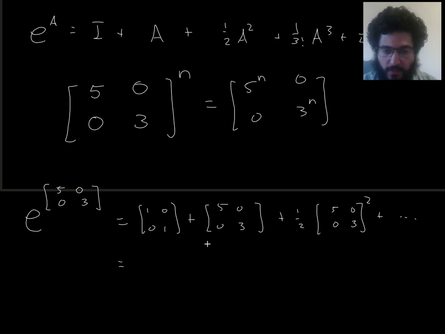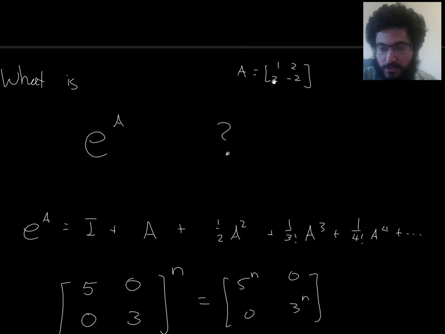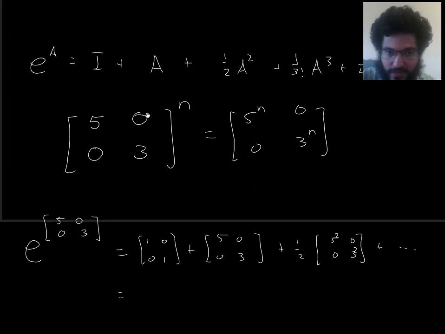And we're in a situation where the matrix is diagonal, so squaring the matrix is just a matter of squaring the diagonal entries. Again, that absolutely does not work for a non-diagonal matrix like 1, 2, 2, minus 2 that we're starting with here. That works for this one. It's diagonal.